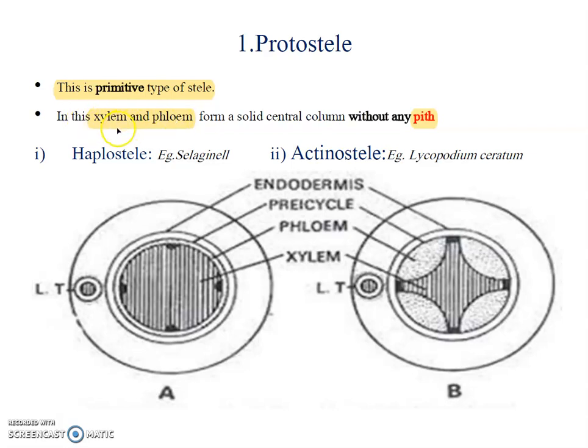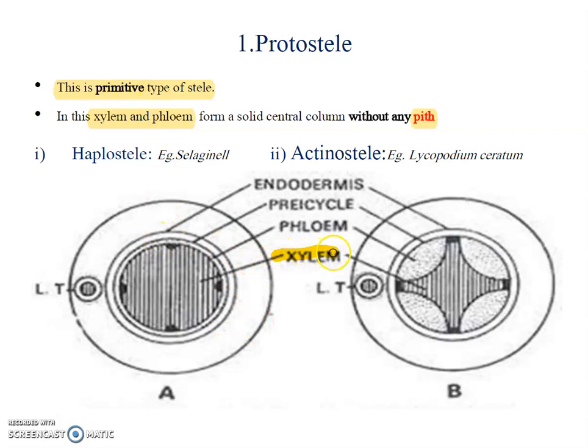So these are the functions of transportation. These xylem and phloem tissues first start to develop in pteridophytes. So the arrangement is, suppose the xylem is at the center and the phloem is around it.